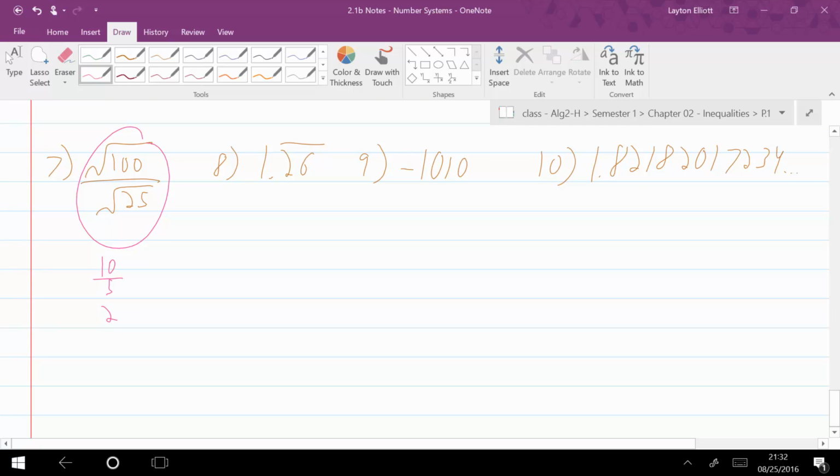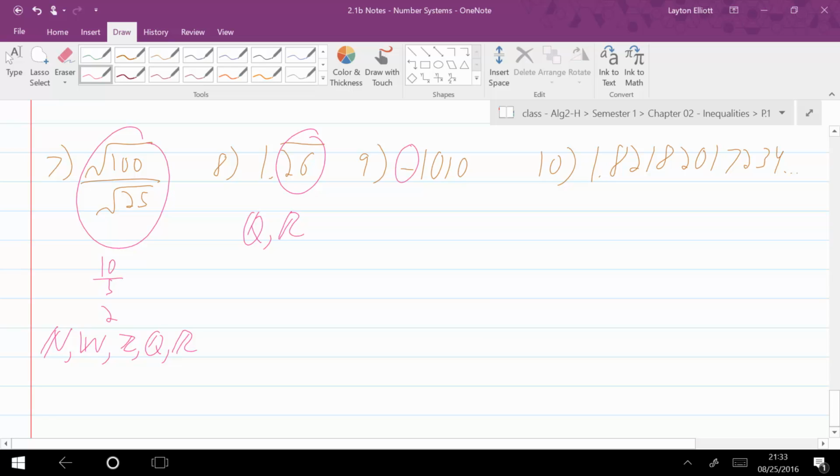2 is a counting number, otherwise known as a natural number, a whole number, an integer, a rational number, and a real number. 1.26 repeating, well, it's repeating, so I could actually change that into a fraction if I wanted to, and since it's a fraction, that's a rational number and a real number. Number 9, well, that is an integer.